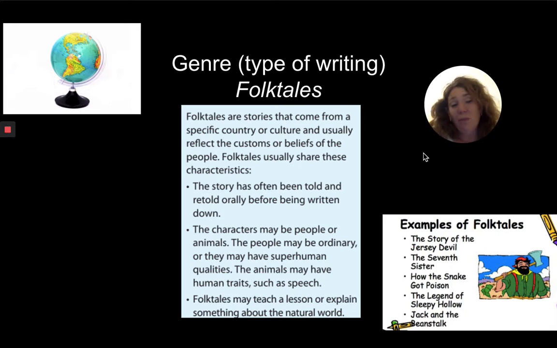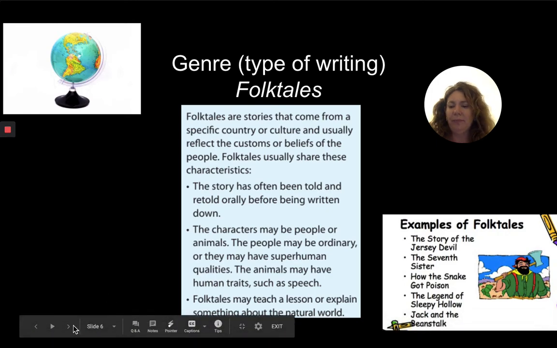My dog doesn't really talk, boys and girls, so kind of a hint that that's, in a story, one of the character traits that makes it a folktale. And they may teach a lesson or explain something about the natural world, which means, why is something happening in our world? Why does a bat have wings? So, all right, let's keep going.